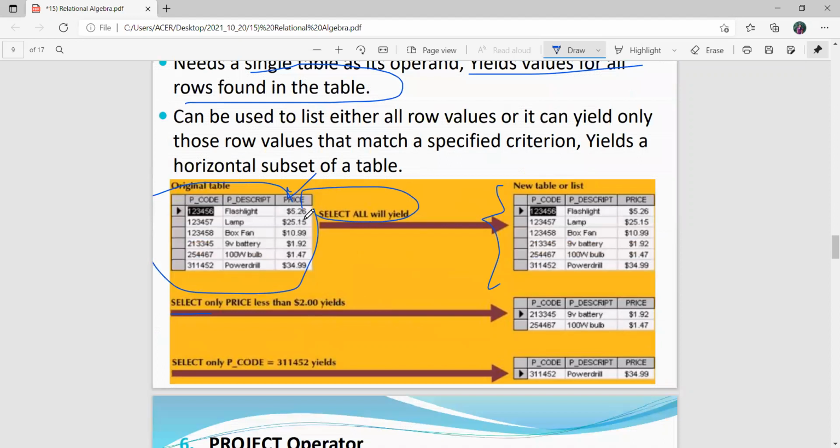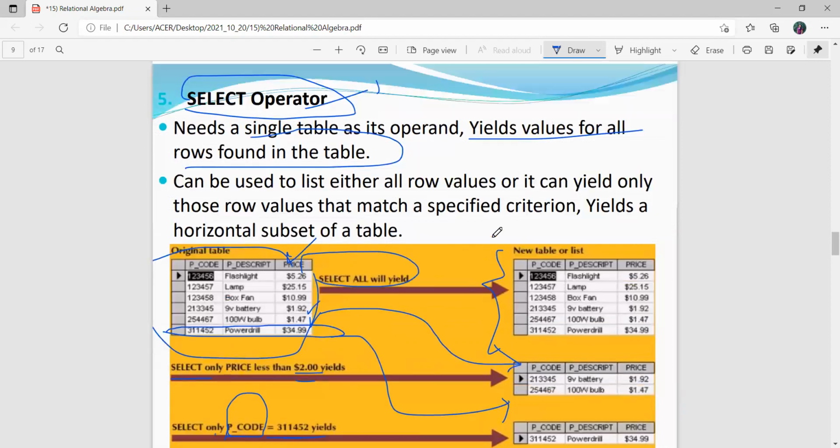When we consider $2, there are 2 tuples with price less than $2, this and this. So this is the output. In this case, you only select the tuples having P code equal to this one. There is only one record, only one tuple. So you can output it like this. This is about select.